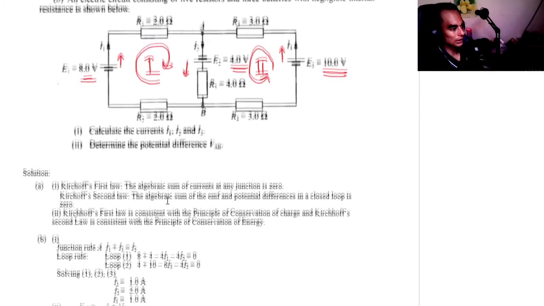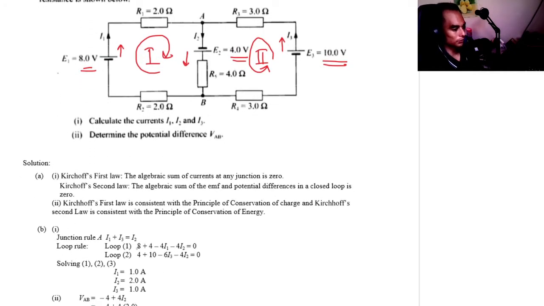for loop 1, using the second law of Kirchhoff, 8 plus 4 minus 4 i1.